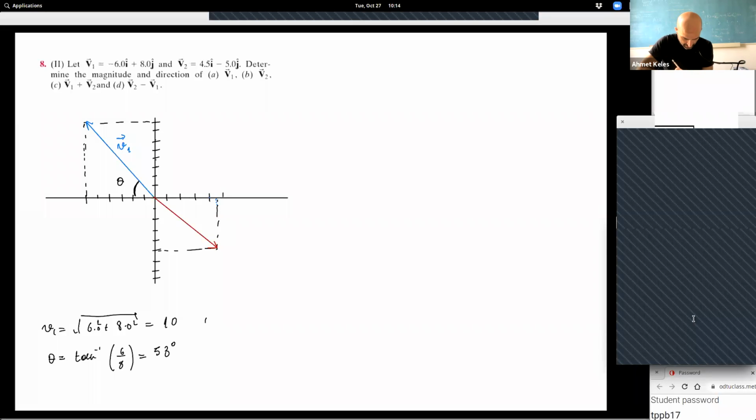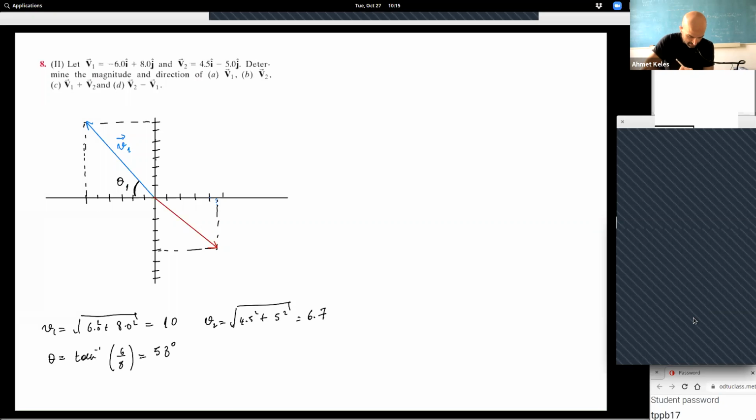So we can do the same thing for V2: 4.5 squared plus 5 squared is equal to, and the square root is 6.7.